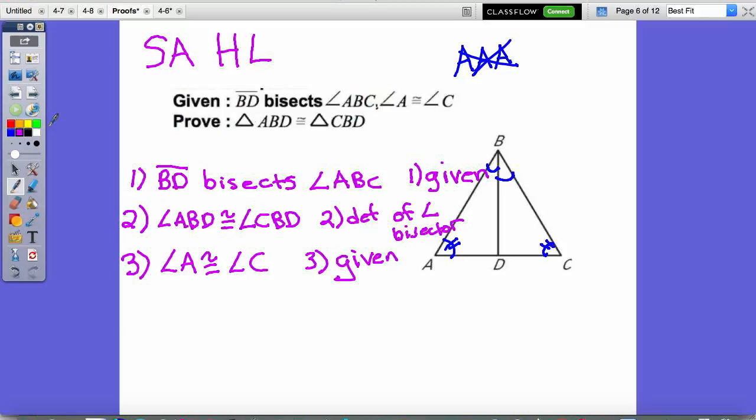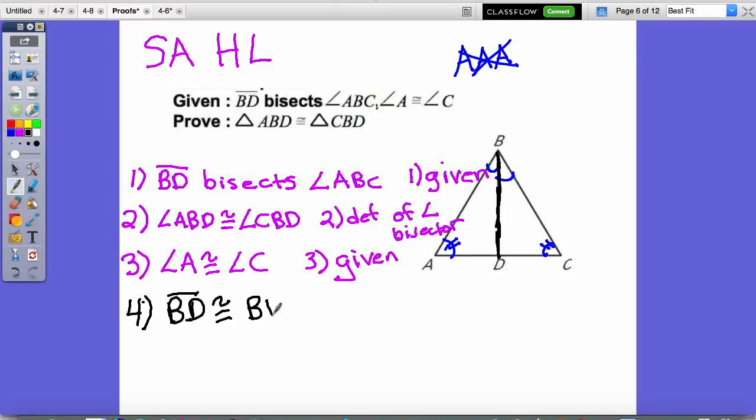And when I look, I see that triangle ABD, so ABD and CBD share side BD. And I'm not sure if it's going to be reflexive or symmetric, so let me look here. In what I'm proving, B is in the second space, D is in the third, and the same thing on the second triangle.